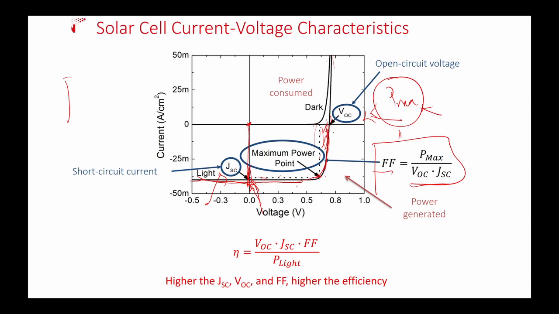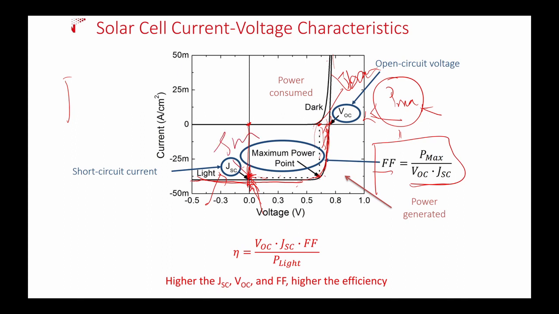We need this point VOC to overlap with this point. This is I max or J max, and this is V max.